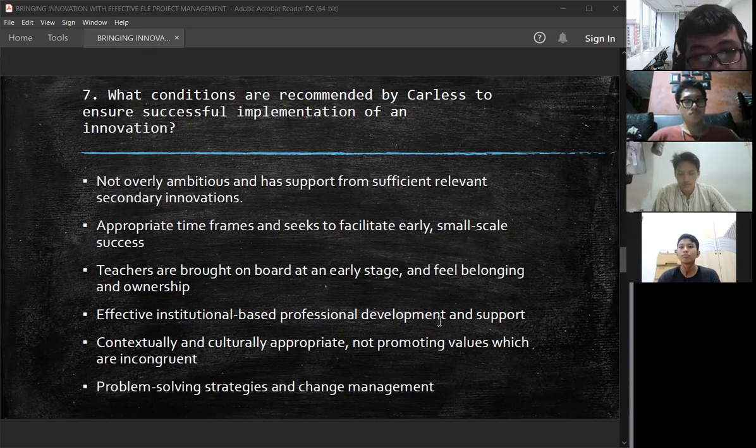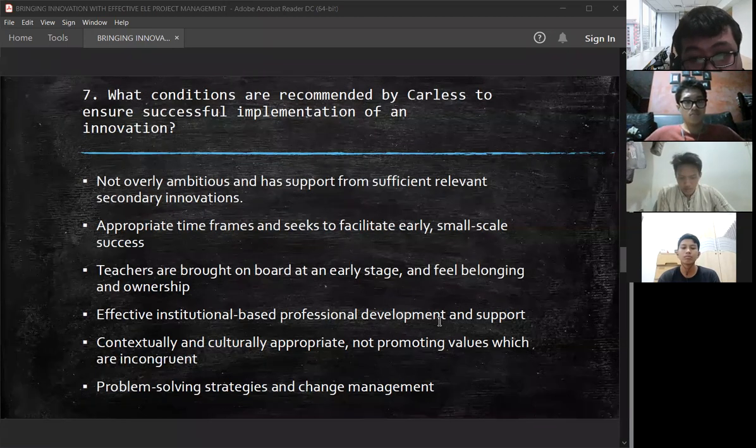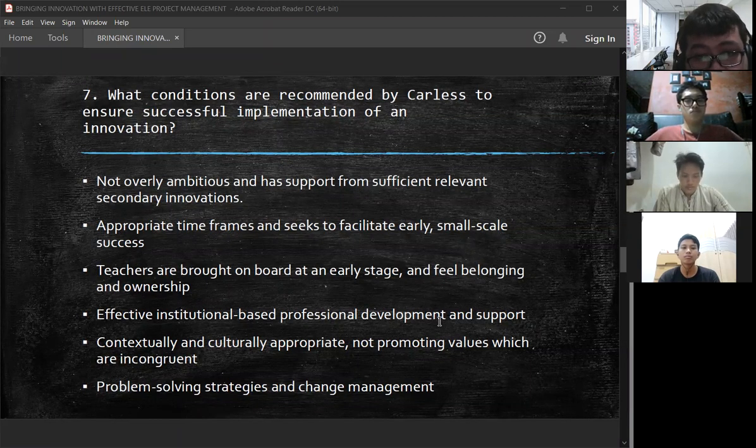The third is that teachers are brought on board at an early stage and feel belonging and ownership that is of more than a token nature. These teachers may act as brokers, champions, or opinion leaders. Fourth is effective institutional-based professional development and support are built into the project.